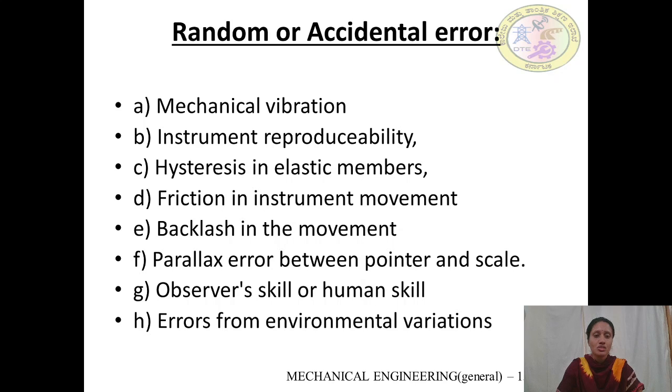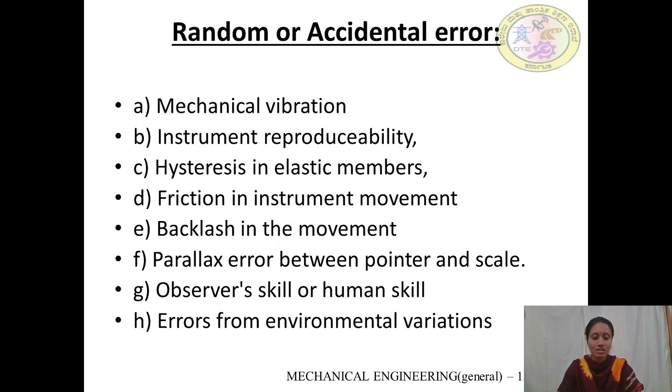Next, instrument reproducibility. Instrument reproducibility is the ability of an instrument to reproduce the output readings when the same input is applied to it repeatedly under the same conditions. The same conditions means the same observer, the same instrument, the same procedure, and the same place, maintained with good ambient conditions.